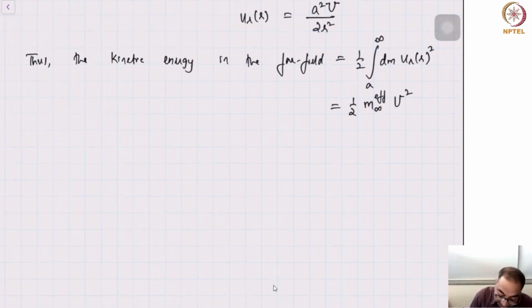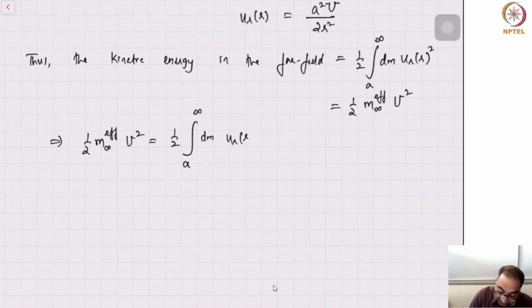And we can easily calculate this. M infinity, this effective mass times u square, is the integral from a to infinity of dm times u of r at some radius r, whole square. So in other words, I'm doing the following integral.